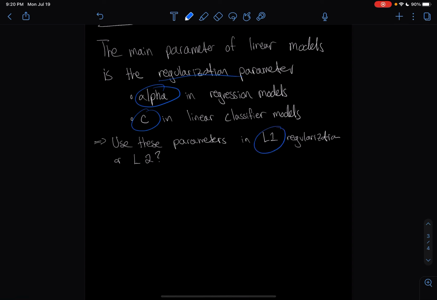For example, you have L1 or L2. Remember, L1 is your lasso and L2 is your ridge regularization. So remember to take these tools with you, but also be mindful that it could be toggling one little thing in your model just to improve your accuracy.